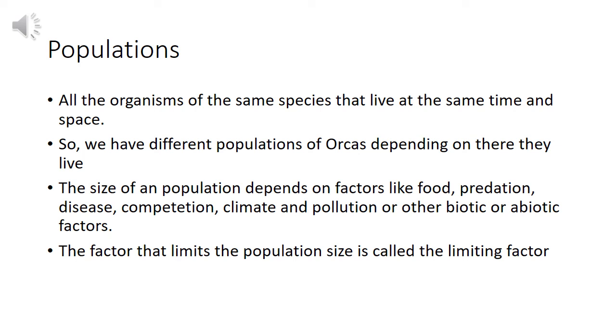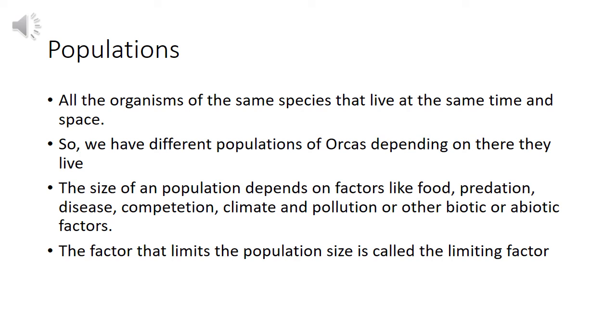So, for example, for a population of orcas, food is very important, because there is not really any predation threatening the orcas, while, for example, a flock of herrings could very easily also depend on the predation, either by other animals or by humans.